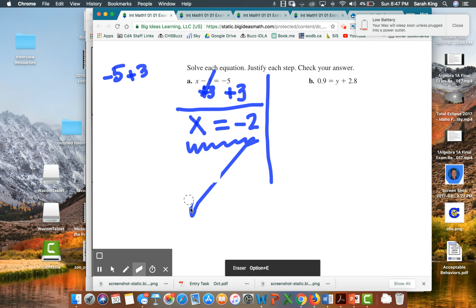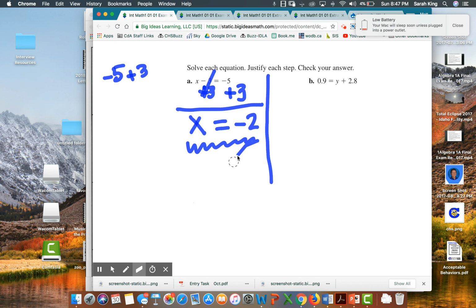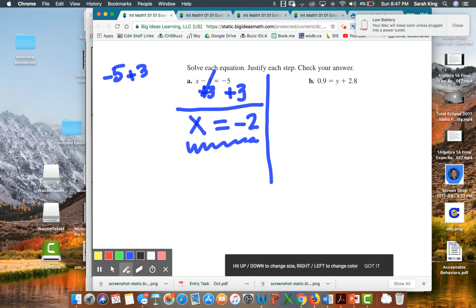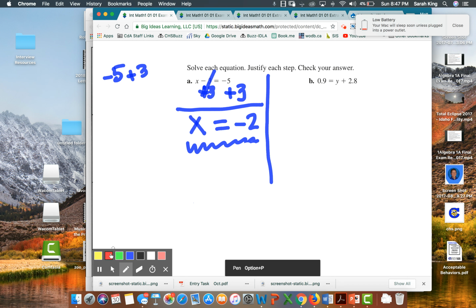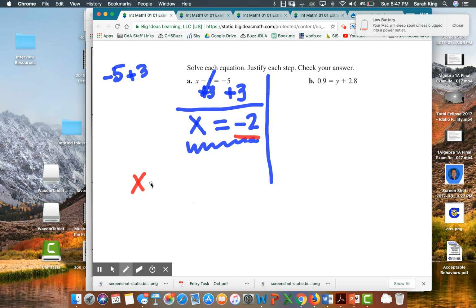We're not done when we get to a final answer. What we want to do is check to make sure that it works. The way that we check our answer is we take that -2 that we just found and plug it back into the original. So here's my original: x minus 3 equals -5. I like to call it the double check afterwards.